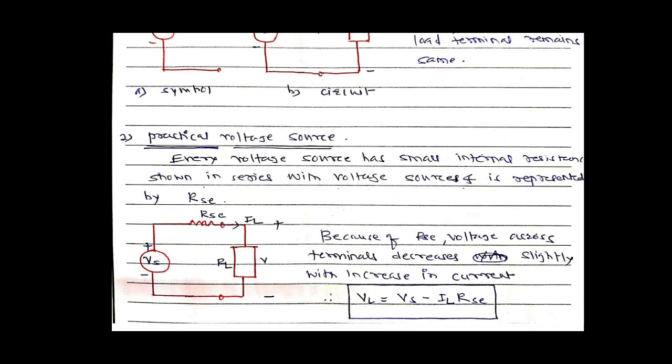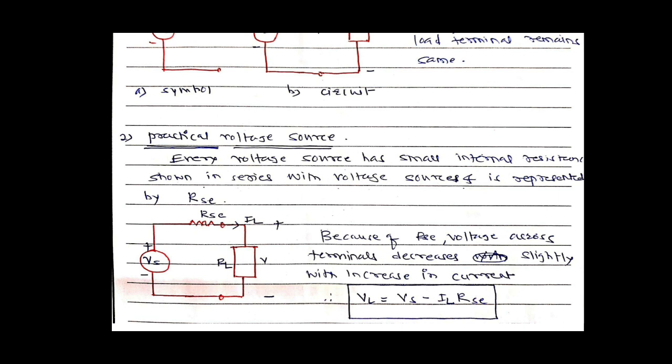Next one is the practical voltage source. In a practical voltage source, every voltage source, that is Vs, has a small internal resistance, which is called Rse. This is a small internal resistance, and it is connected in series with the voltage source.